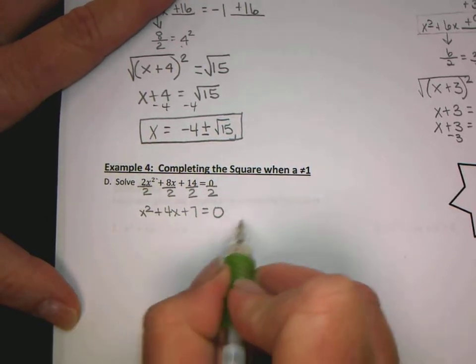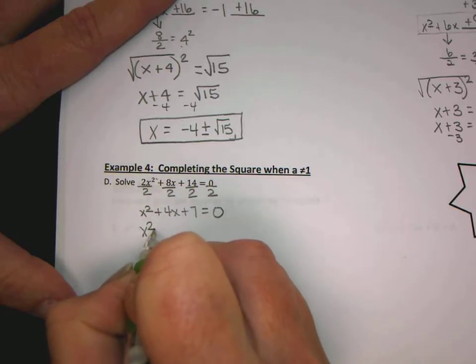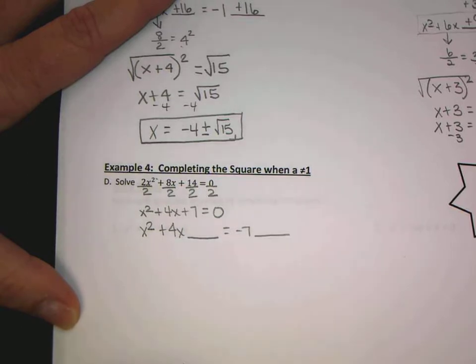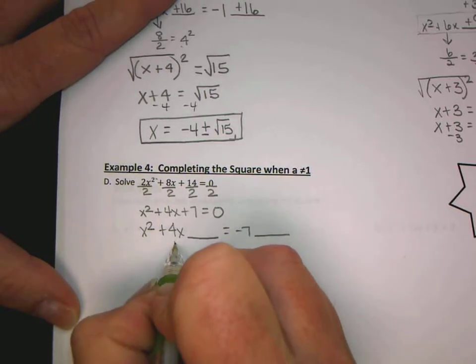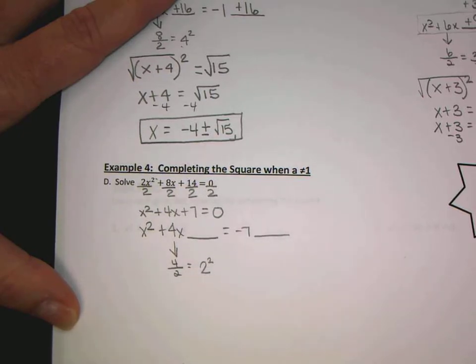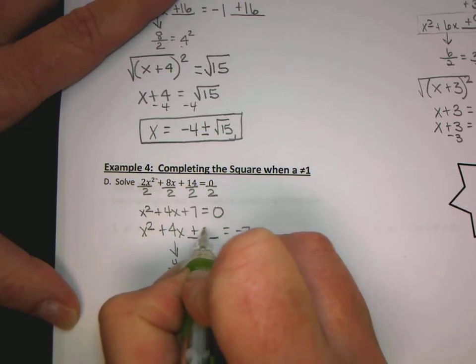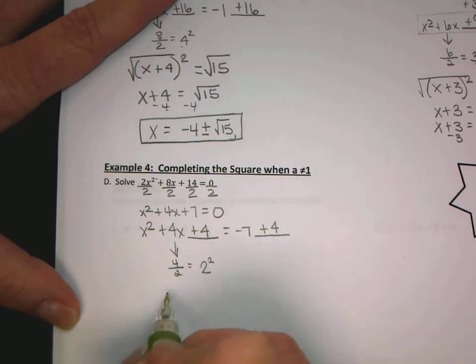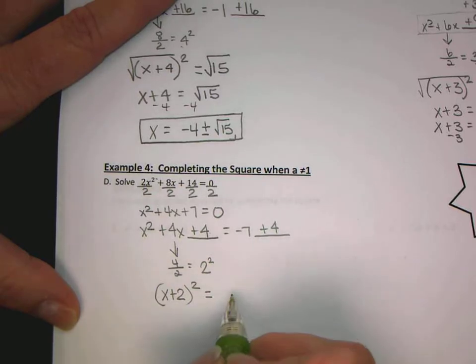Now, you're going to move your c, so you're going to have x squared plus 4x equals negative 7, and there's my lines. Bring down your 4. Divide it by 2, square it, add it to both sides. You now have a perfect square trinomial that will be x plus 2 squared equals negative 3.